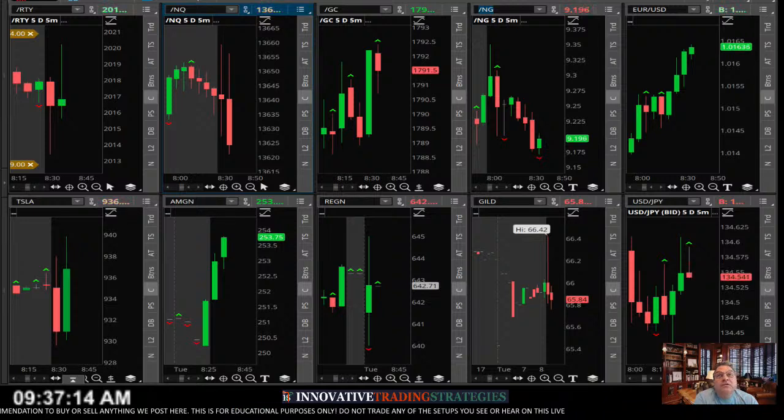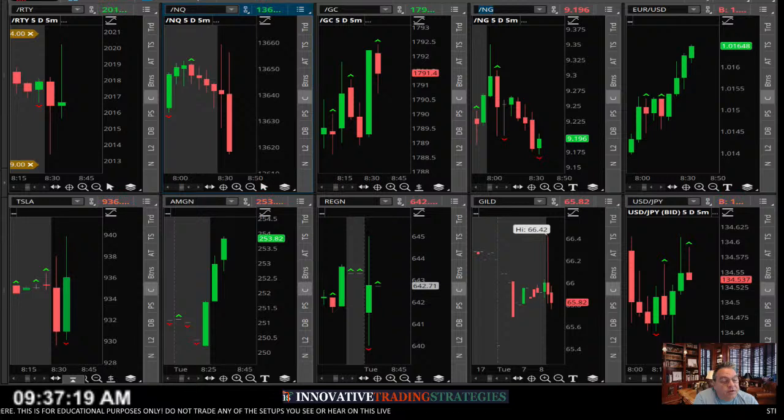Okay, the only thing in play right now is that short RTY, which is your mini Russell. Not seeing anything for the stocks down here. Not getting really anything on the currencies yet.